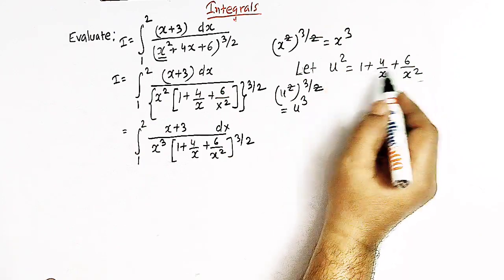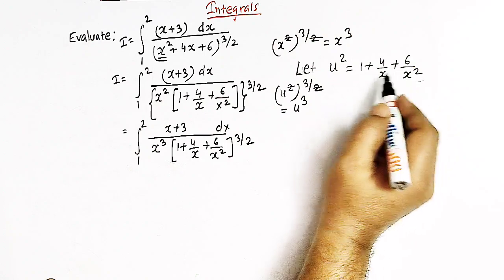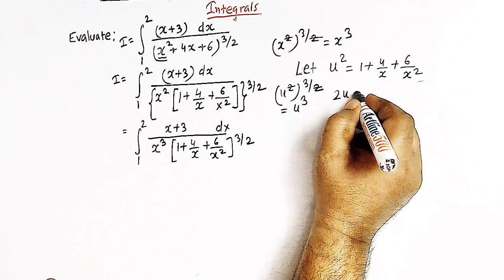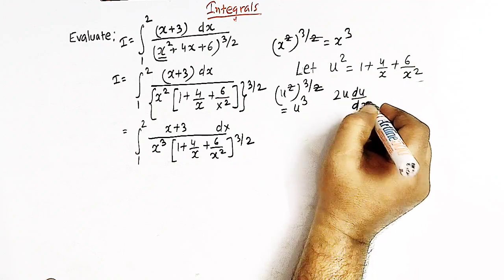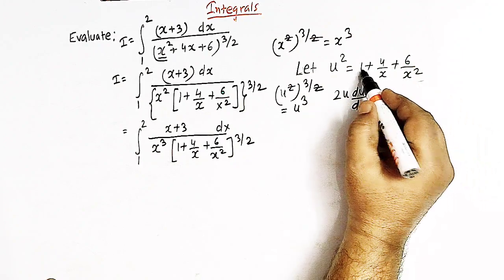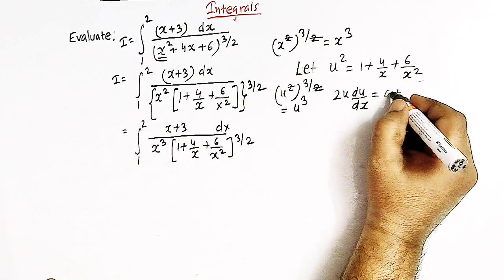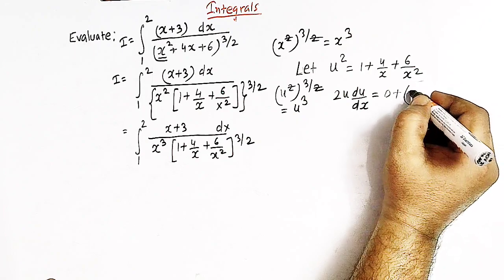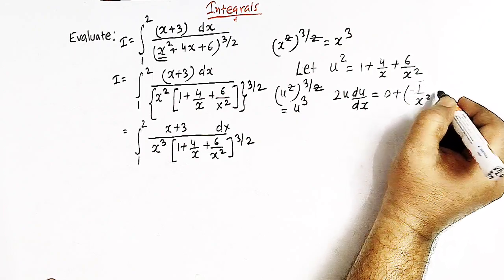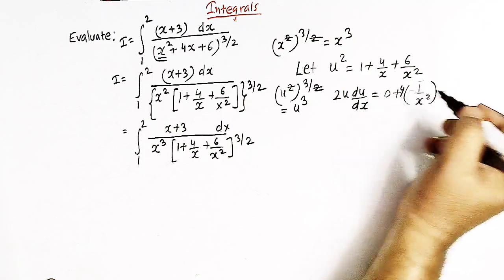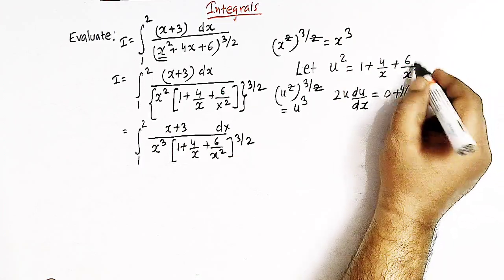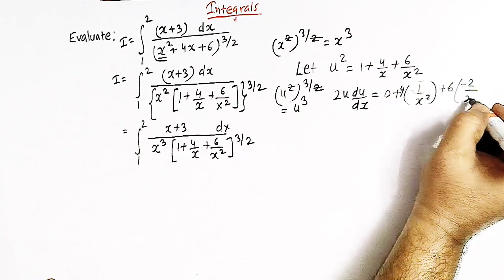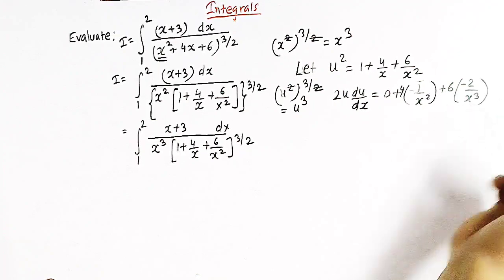Okay, now let us differentiate both sides with respect to x. So we have here 2u du over dx, and the derivative of 1 is 0, and then we have the derivative of 1 over x as minus 1 over x square, and here we have 4, and here 1 over x square has the derivative minus 2 over x cube, right?